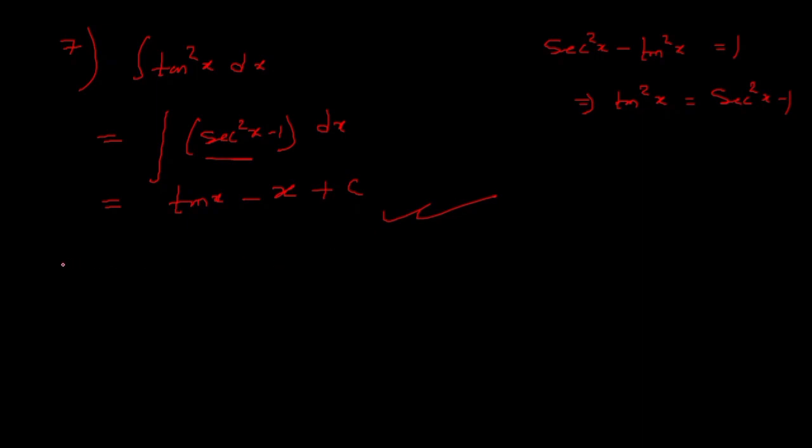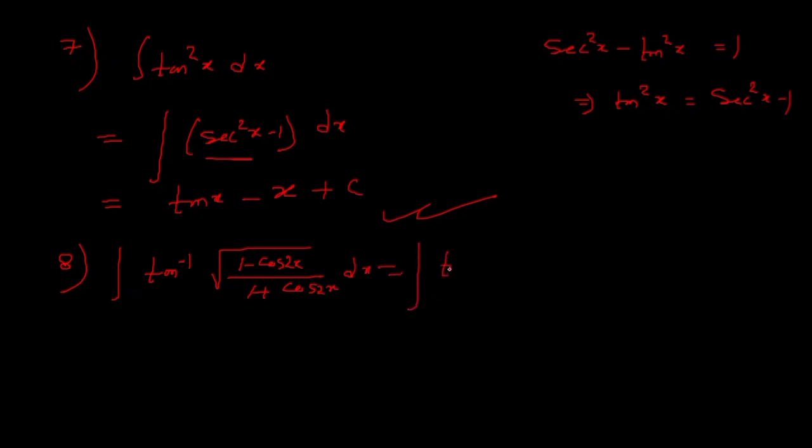And the last one, I will do the last one for this video, that is integration of tan inverse of root over of 1 minus cos 2x by 1 plus cos 2x dx. So what will be this? Tan inverse of, as we all know, 1 minus cos 2x is 2 sin square x, and this is 2 cos square x dx.